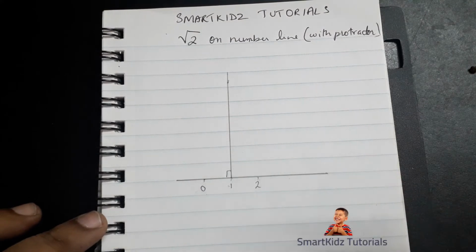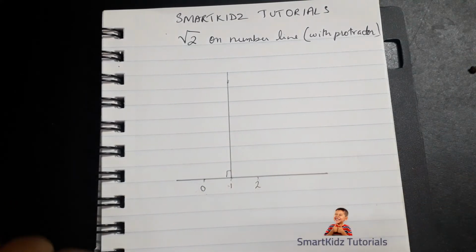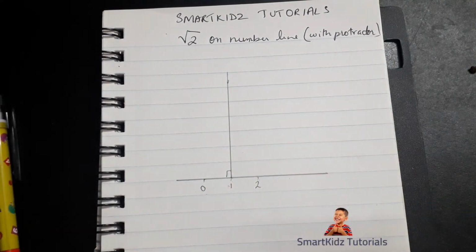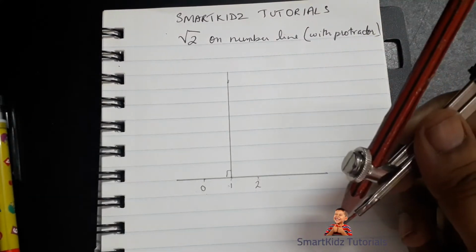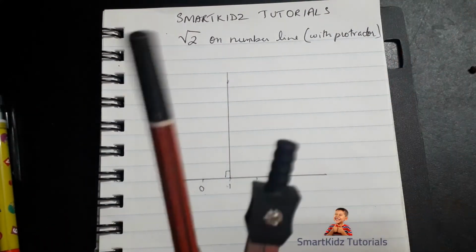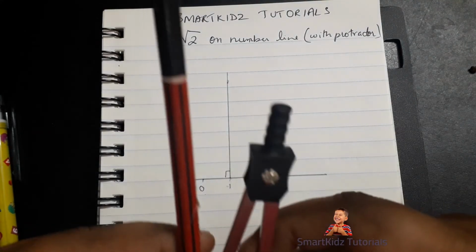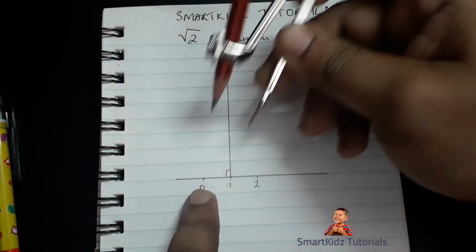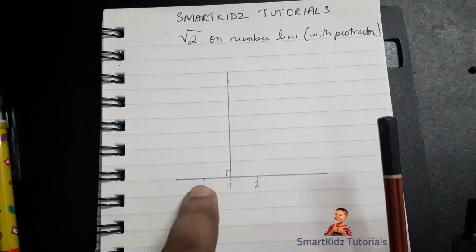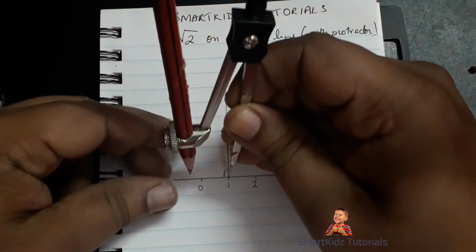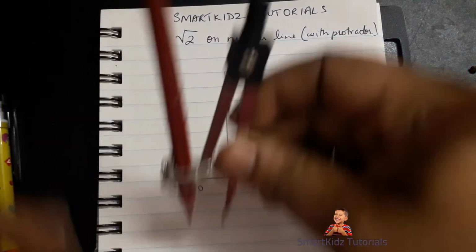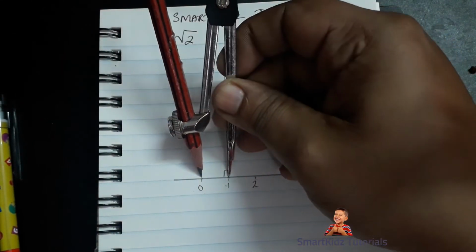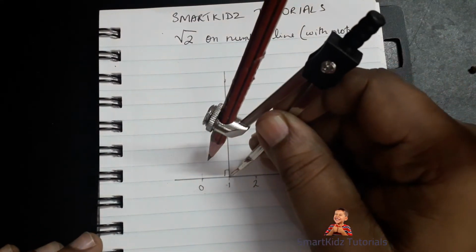Okay, so in this way we have got 90 degrees, and I can mark this as 90 degrees over here. Then with the help of a compass, and no need of a scale also, all I need to do is take the marking from this point to this point. We will get 1 unit once again, and I'll show you why I'm taking that as well. I've taken 1 unit here, you can see, keeping the pointer on 1.